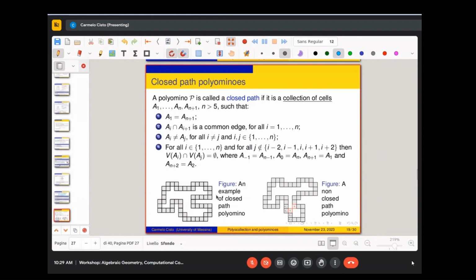For instance, on the left we have an example of closed path, so a path of cells that is in a certain sense a cycle. On the right, we do not have a closed path polyomino because of this intersection. So this intersection does not allow us to consider this collection of cells a closed path. So we focus only on collections of cells of this kind.